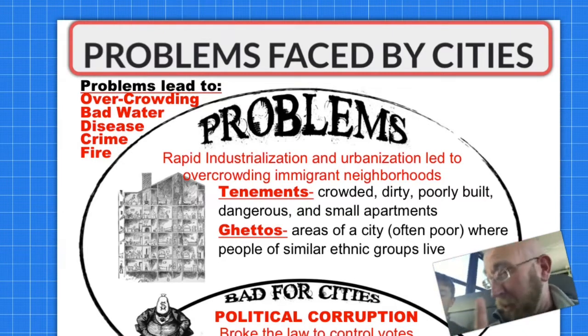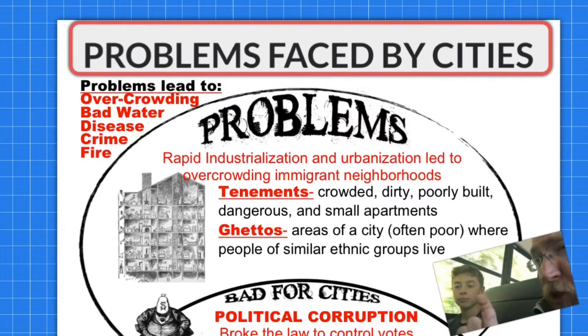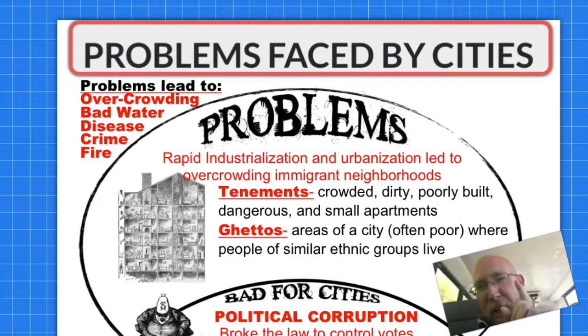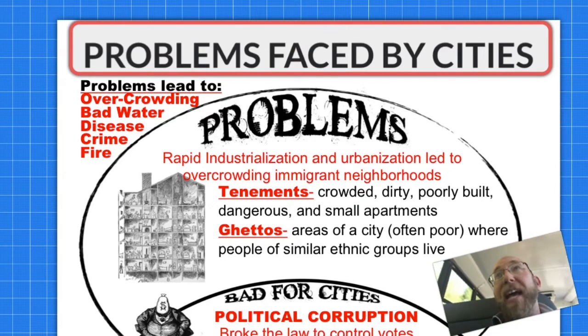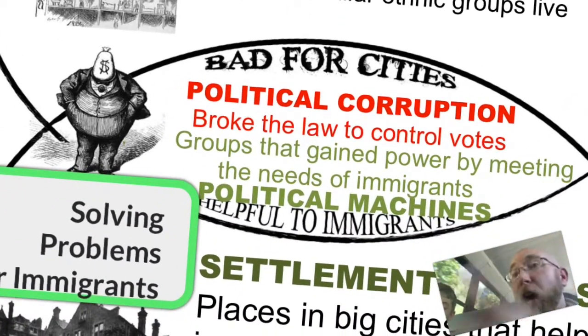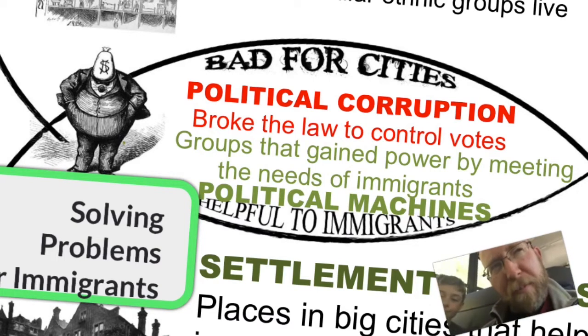Now, the government is corrupt because people are trying to hold on to power. We call those political machines. Like Vladimir Putin in Russia. Excellent. So that's a political machine: you're trying to hold on to political power, and you do that by helping immigrants. Immigrants come and they need things like jobs and a place to live. If a political machine can help them with that, then they'll vote however you say.